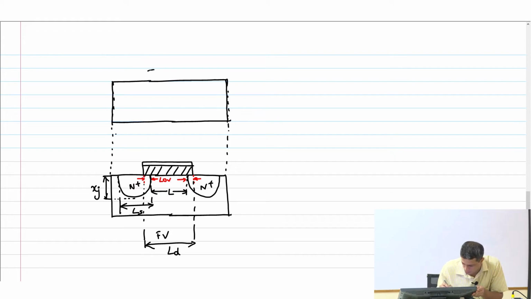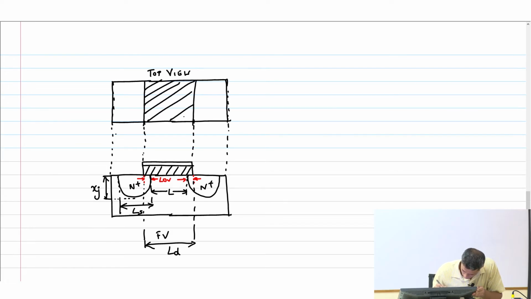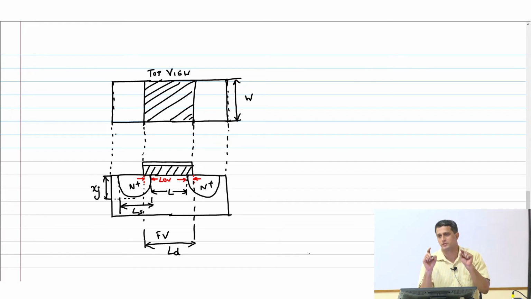Obviously here is where I have my gate. This is my oxide. First, tell me what this dimension is, if this is the top view. Yeah, W. Great. Now, clearly you can see that these two regions to the left and right of the gate oxide are my N plus regions.